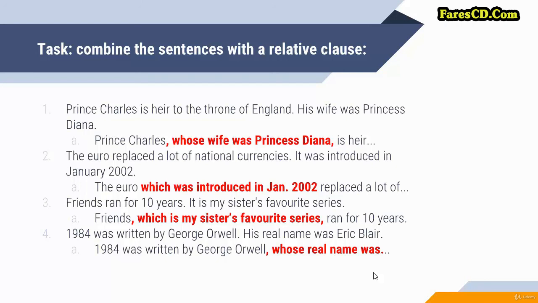And because of that, I just want to separate them with commas, which is my sister's favorite series. 1984 was written by George Orwell. His real name was Eric Blair. So the main information in this sentence is that the book was written by George Orwell. The fact that he wrote it under a nickname is irrelevant. Because of that, you put the comma.